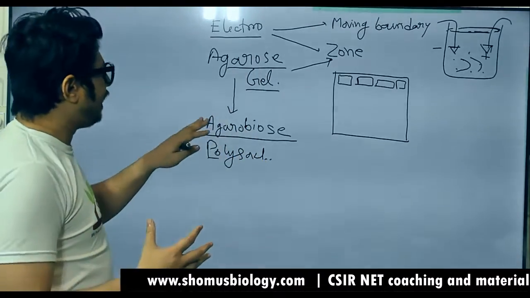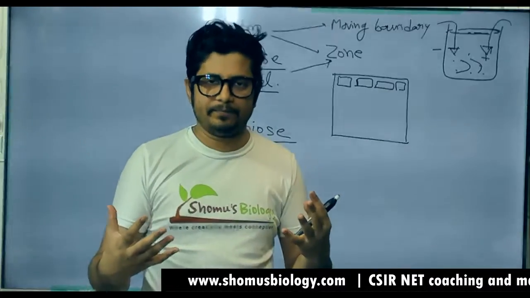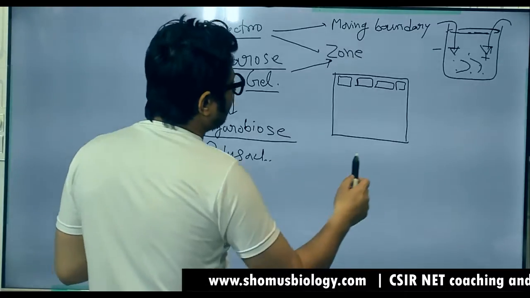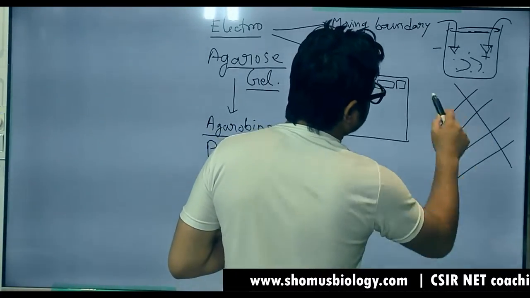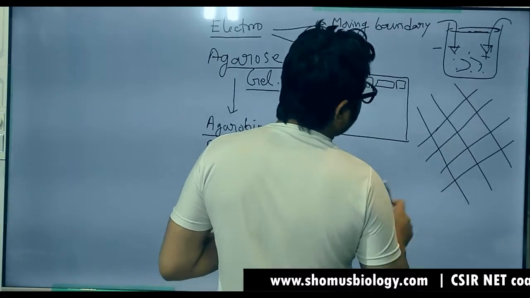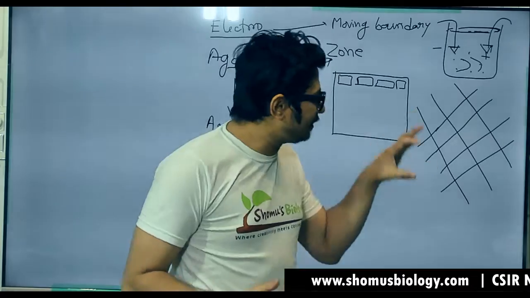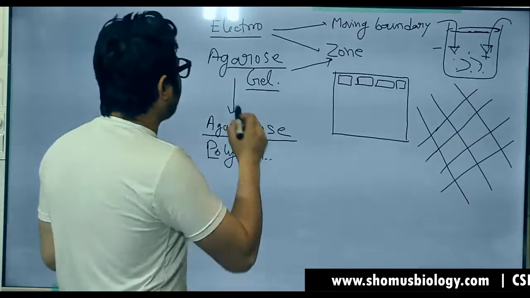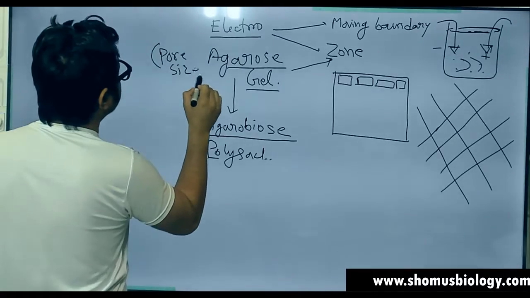So when we take this agarose and allow it to solidify, it creates what is known as a network-like structure, a mesh-like structure like this. And this mesh has bigger pores in it. It creates a mesh, but the pore size is big. So agarose's pore size is big.